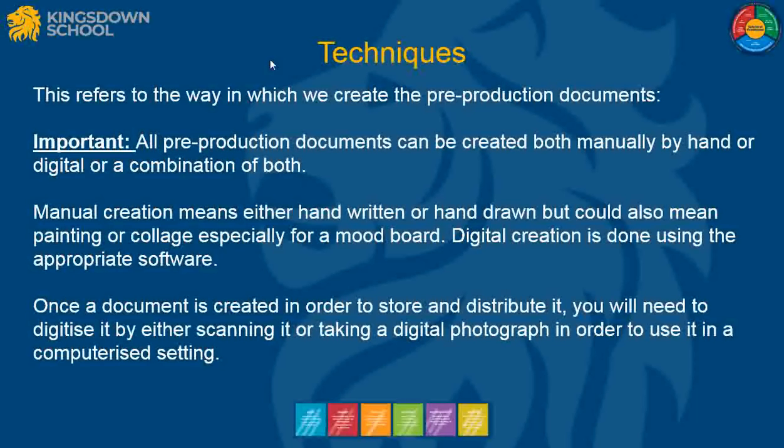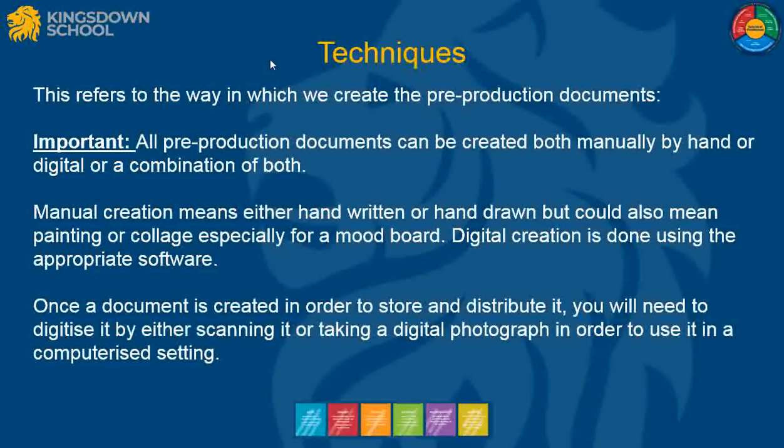And by that I mean sometimes people will start with something written, like a mood board or perhaps a mind map, and they may well then just scan that in and then amend it digitally. So the manual creation means, as I said, either handwritten or hand drawn, but could also mean a painting or a collage, especially for a mood board, if you've got lots of different textures on there. And obviously digital creation is done using the appropriate software on a computer.